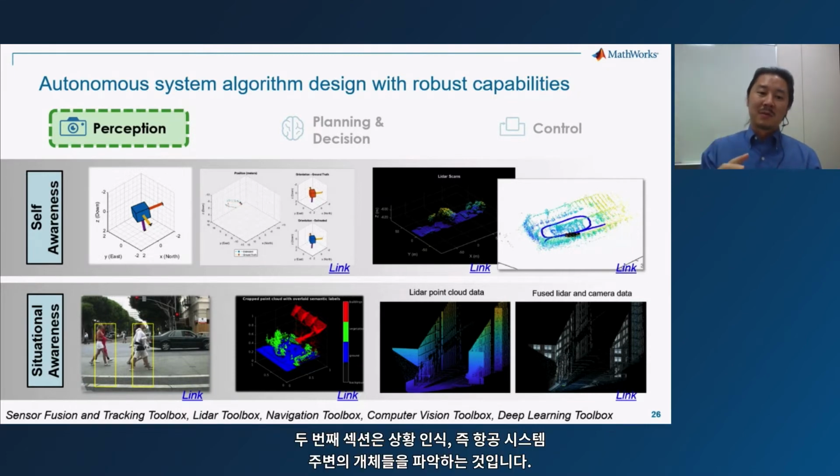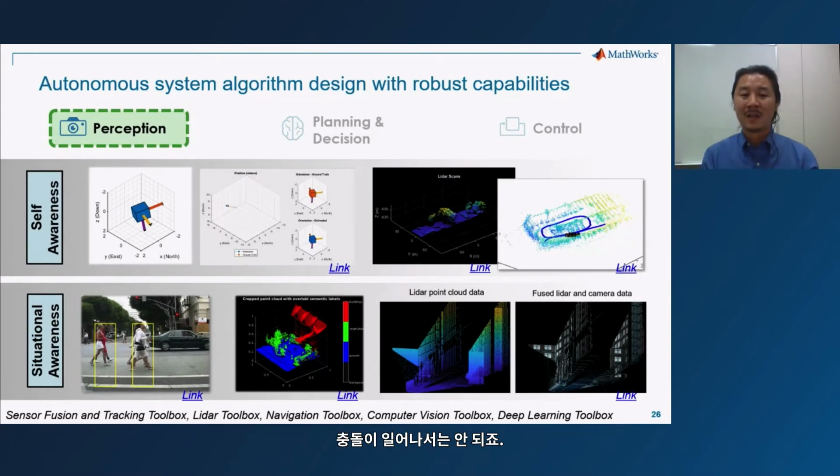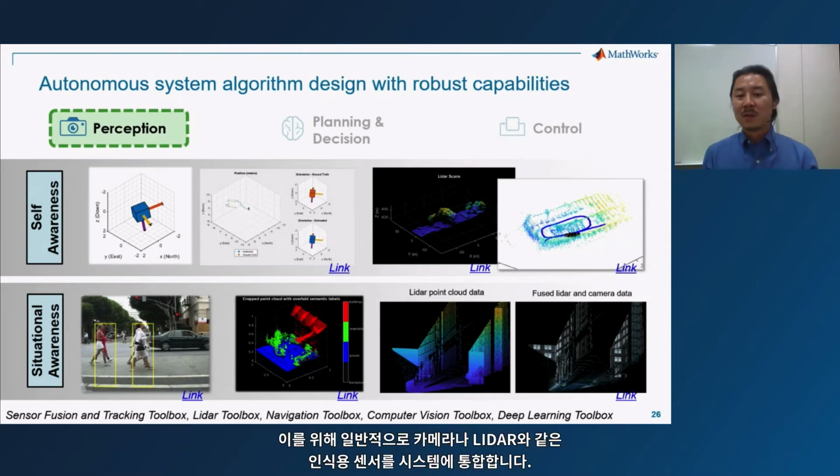The second part of this is situational awareness, or understanding the objects around the aerial system, right? So as the aerial system flies around, you don't want it to bump into anything. You don't want it to collide. So you want to be able to identify objects in its vicinity, right? So this typically incorporates sensors for perception, such as cameras or LiDAR, right?